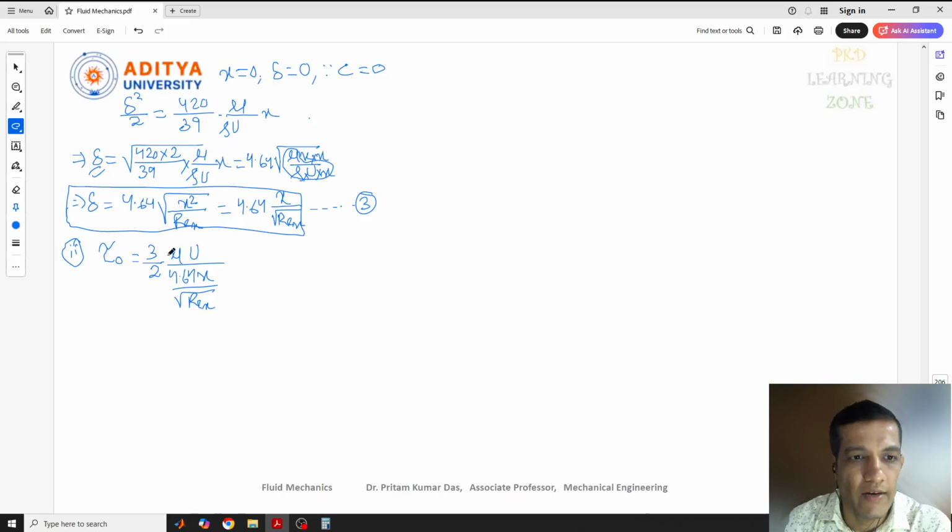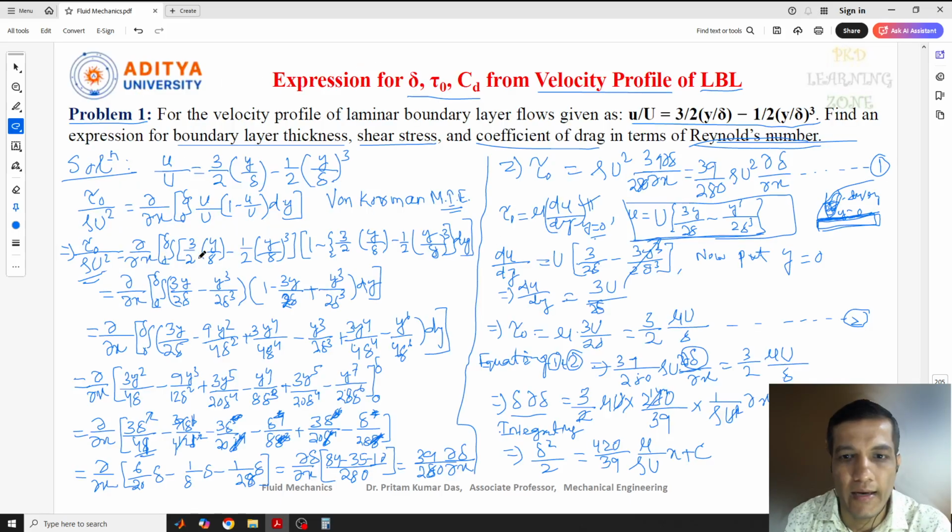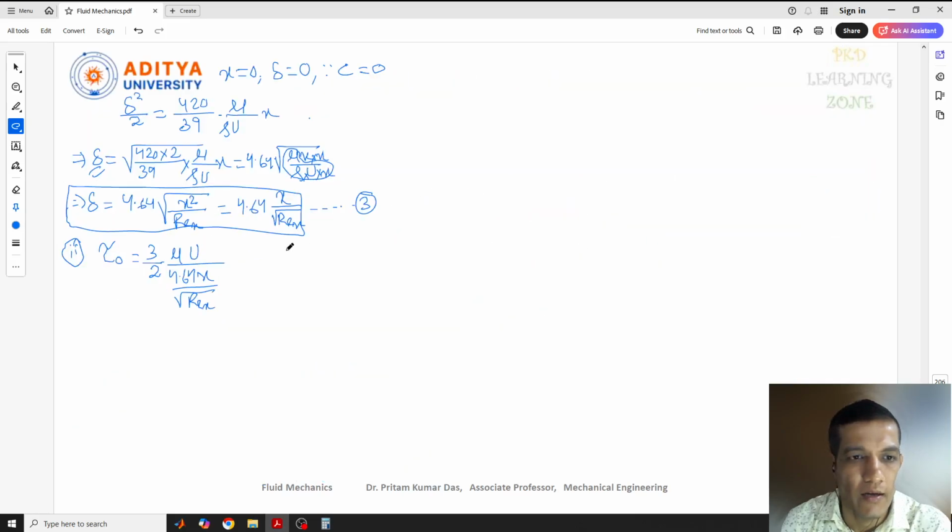Now what I have done: 3 by 2 mu by delta, whatever the equation was, I just put the value there. So here we get 3 by 2 into 4.64, that is 4 into 2 is 8, and 9 point something we will get here. So I'll write this value, that is 3 by (9.64 into 2), that is 9.28, and this is mu u, and this is root over of Re x divided by x.